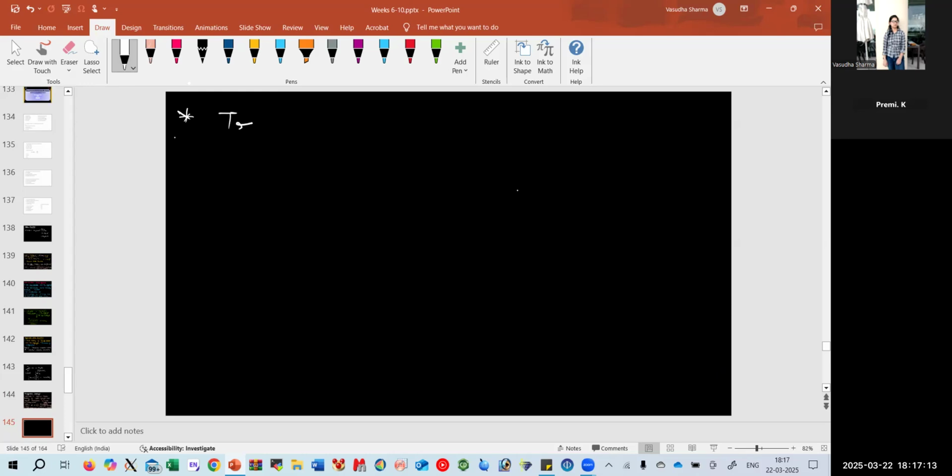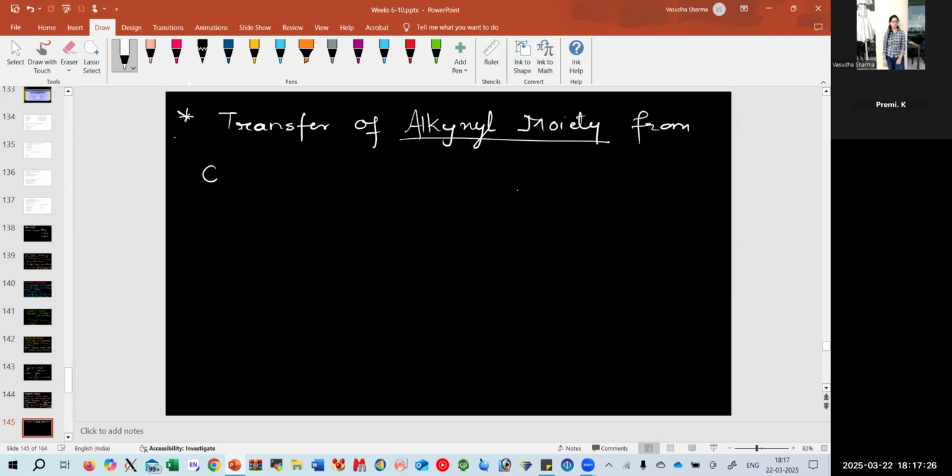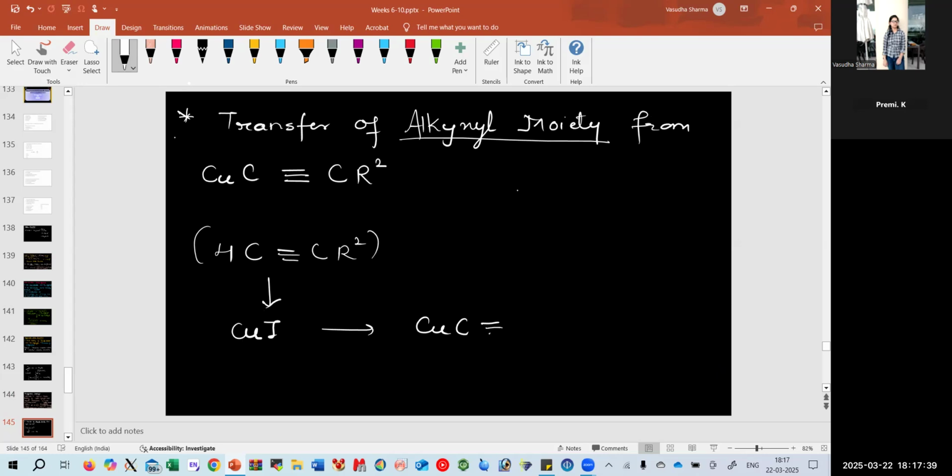Now moving ahead, what are the things that are important for the Sonogashira reaction? It involves the transfer of the alkyne moiety from copper C R2. So whatever substrate you have taken, this alkyne reacts with your copper catalyst and gives you copper C triple bond C R. We will see the full mechanism; these are just the small details.